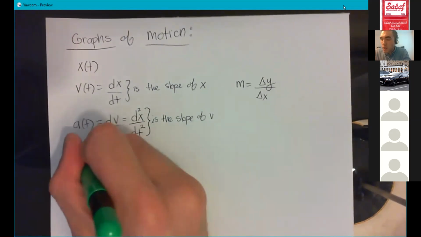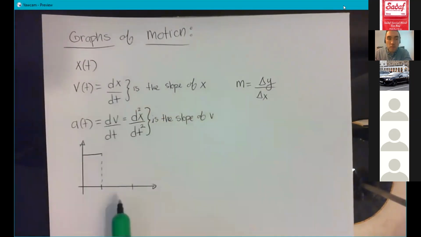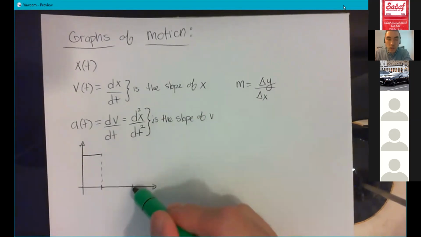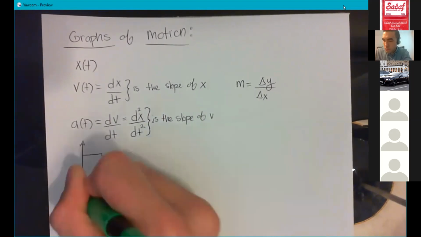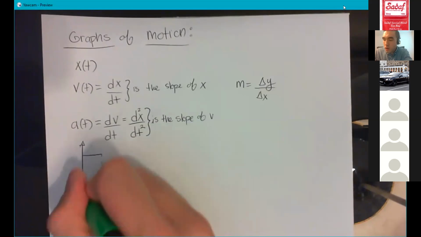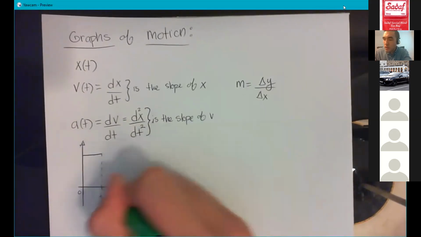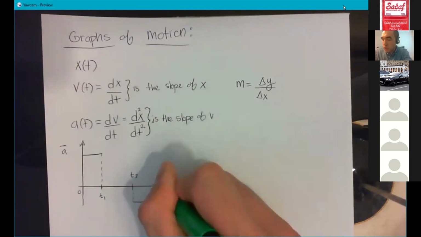Here at the beginning, my acceleration is this. In the middle, my acceleration is this. And down here at the bottom, my acceleration is this. We start off at time equal to 0, then we hit some time 1, and then some time 2. And this is acceleration versus time.